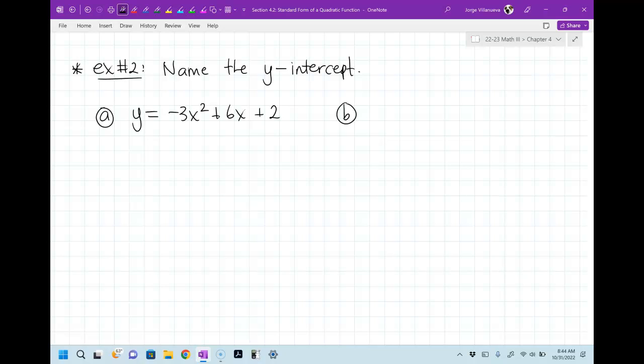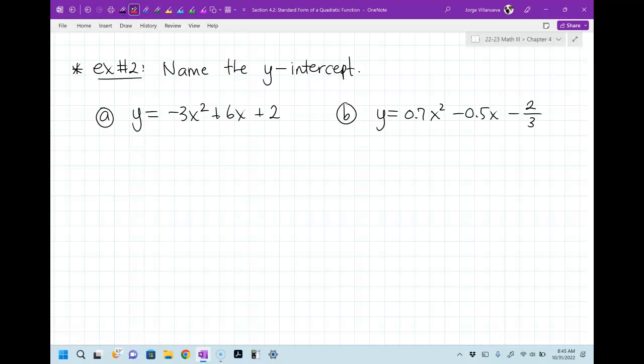In part B, we'll do y equals 0.7x squared minus 0.5x minus 2/3. It doesn't matter what numbers I use, really. It's just, it matters where you're looking.